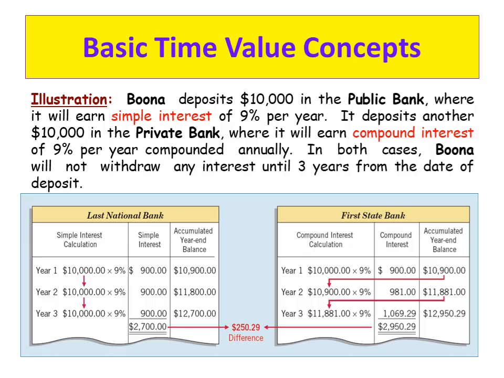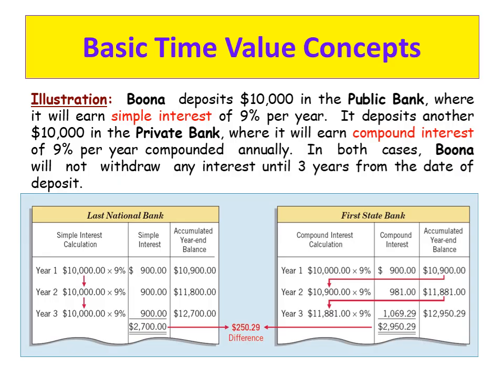It becomes 12,950.29. Now let us see the difference between compound interest and simple interest. When we sum up, total compound interest is 2,950.29 and simple interest is 2,700.